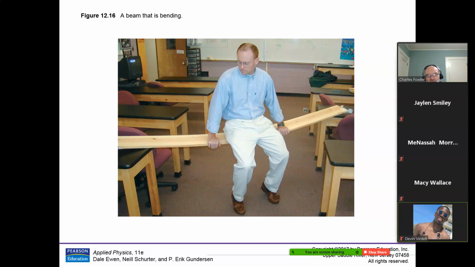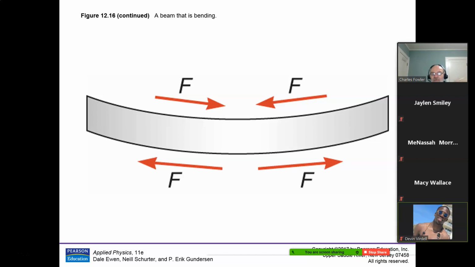Now this is made up of two kinds of forces. On the lower side of that beam you have the tensional forces pulling the wood grains further apart, whereas on the top of that board the bend is forcing them closer together. So that's what's happening with bending. Your forces are pulling apart on the lower part and pushing together on the upper part, and that's what creates the bending force.